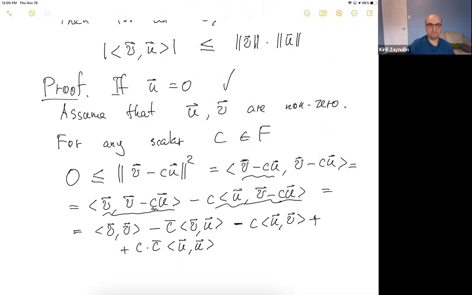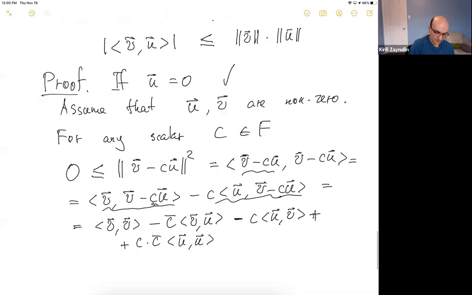And this inequality holds for any scalar c.